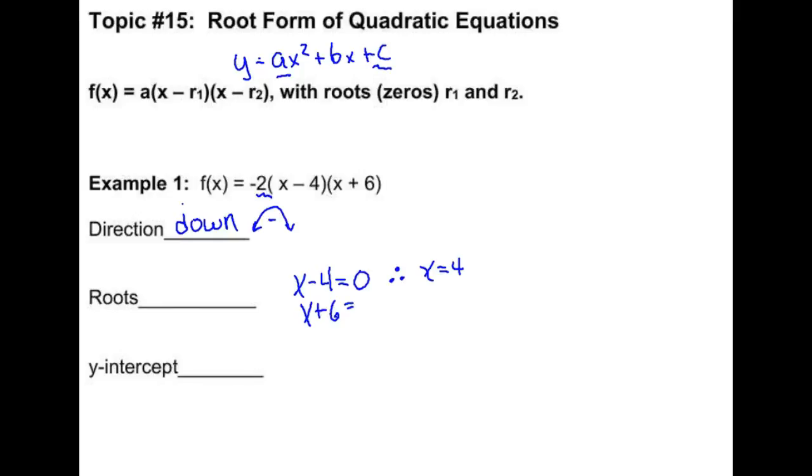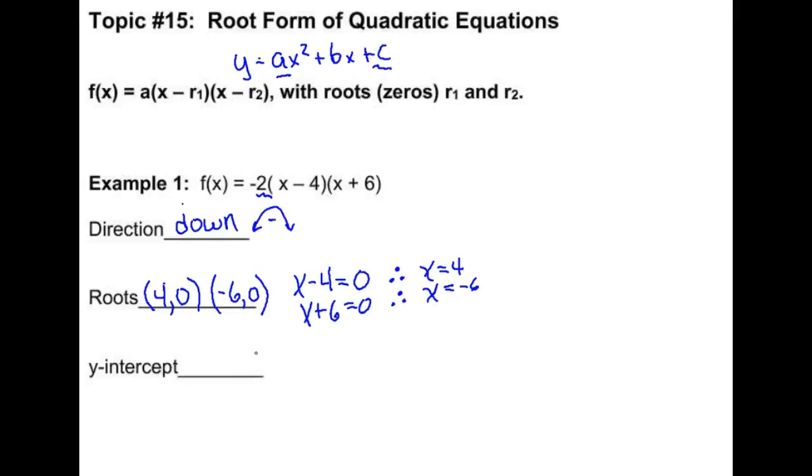We get x plus 6 equals 0, and if we solve that, we get x is equal to negative 6. The way we write that is we write the roots as 4 for x, 0 for y, and the second root is negative 6, 0.